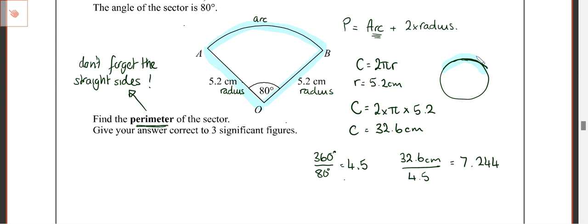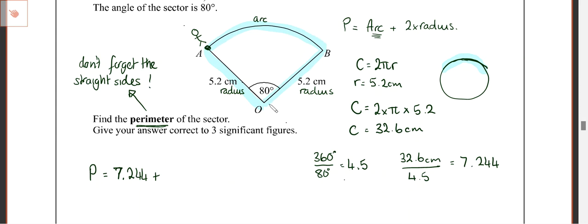That's just the arc at the moment. So the perimeter is going to be arc, 7.244. So imagine I am going to be stood here. The perimeter is walking all the way around, so I walk 7.244.